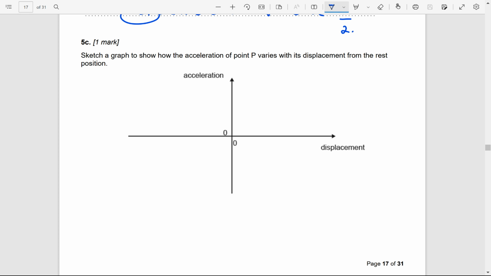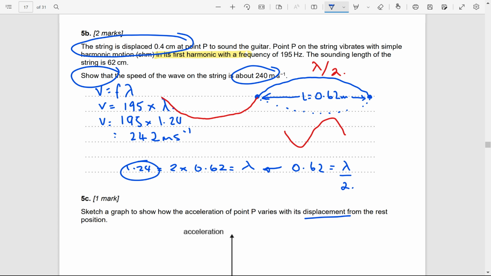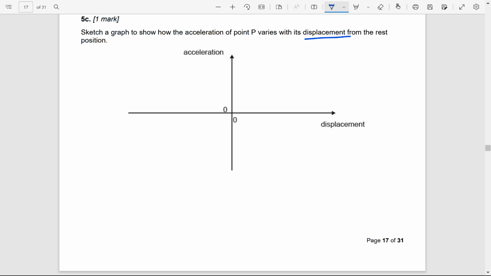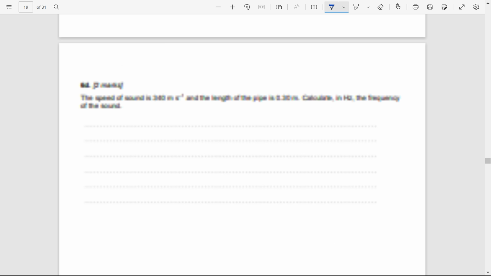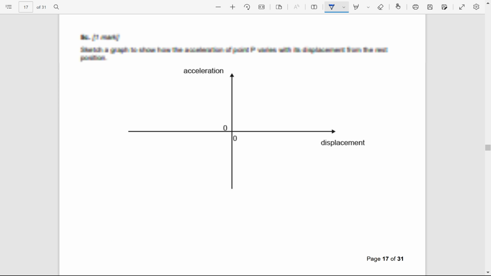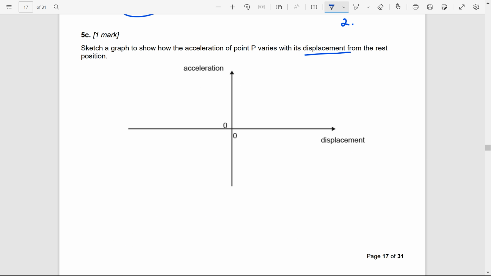Sketch a graph to show how the acceleration of the point P varies with its displacement from the rest position. Right, now we're going to need that 0.4. Let me just go back up to it. It says the string is displaced 0.4 centimeters at point P. So the displacement, we're going to go from 0 up to 0.4 centimeters.